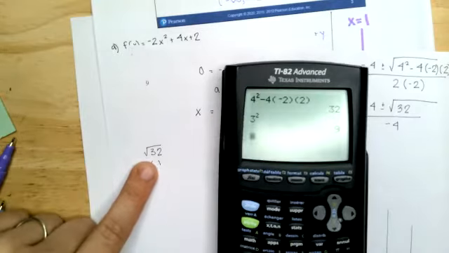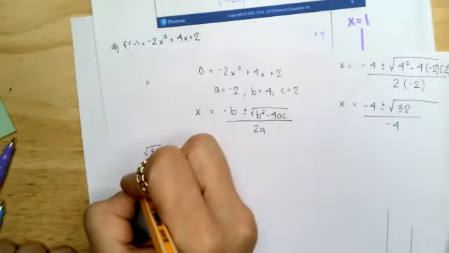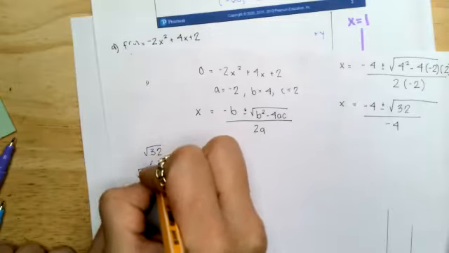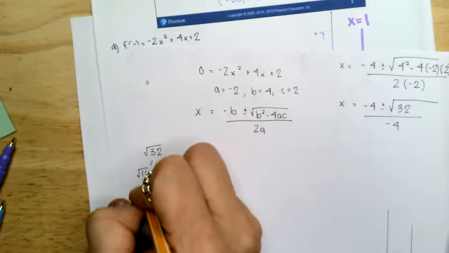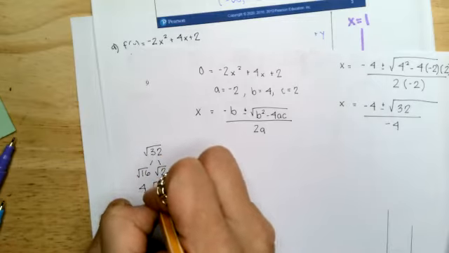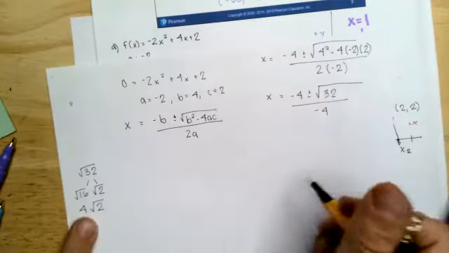You can't divide 32 by 9. What's 4 squared? It's 16, right? Can you take 32 and divide it by 16? You can. So the square root of 32 is the square root of 16 times the square root of 2, right? The square root of 16 is 4. So you can simplify the square root of 32 to 4 square root of 2.